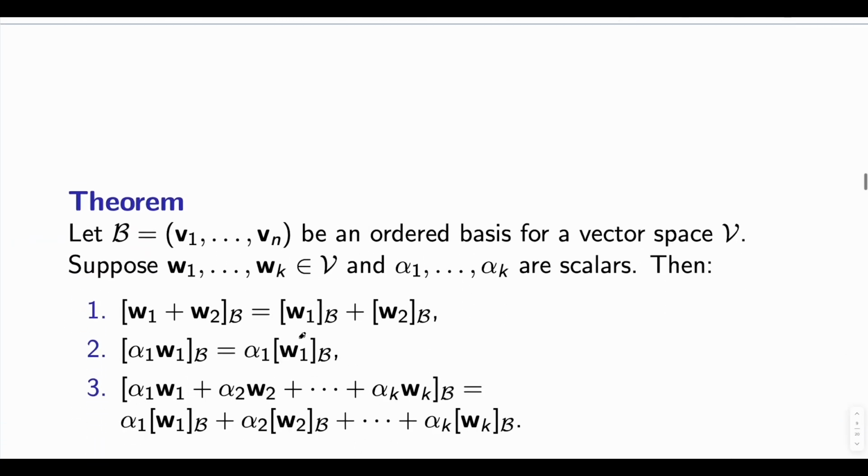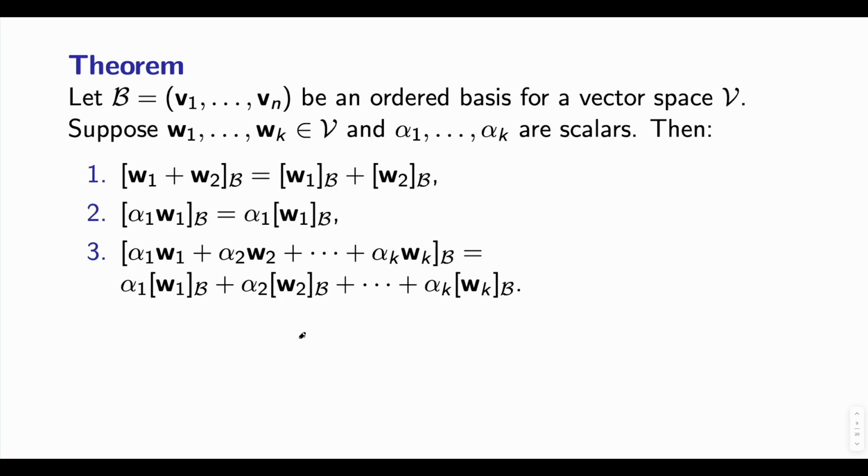Then now, what is the result? If B is an ordered basis V1, V2, ..., Vn, and suppose W1, W2, W3, and so on up to Wk belong to V, and scalars alpha 1, alpha 2, ..., alpha k are real, coming from the real field, then the coordinatization of W1 plus W2 with respect to B is the same as the sum of the individual coordinatizations. The coordinatization of alpha times W1 with respect to B is equal to alpha times the coordinatization of W1.